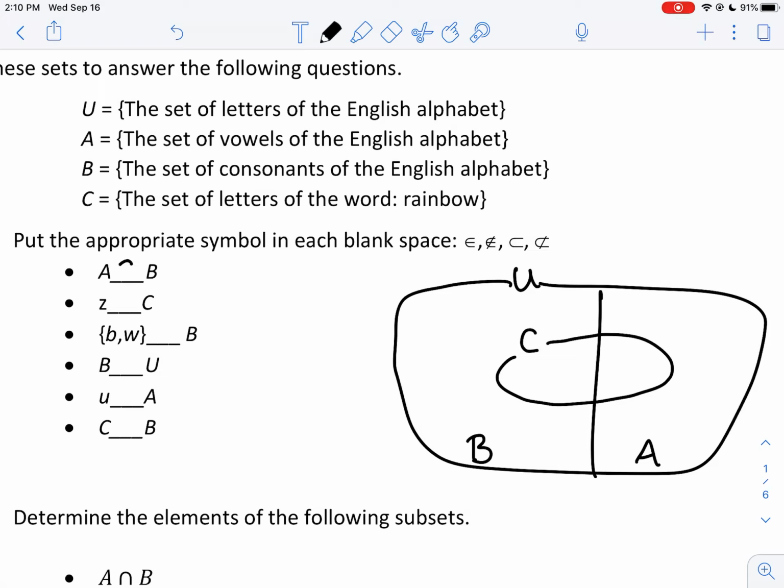So it's either just going to be a subset or a not subset. And in this case, A is not a subset of B because it's not contained in B. There's no vowel that is also a consonant, because we're assuming Y belonged in the consonant set, not in the vowel set.